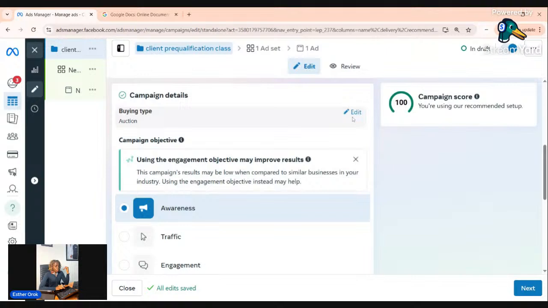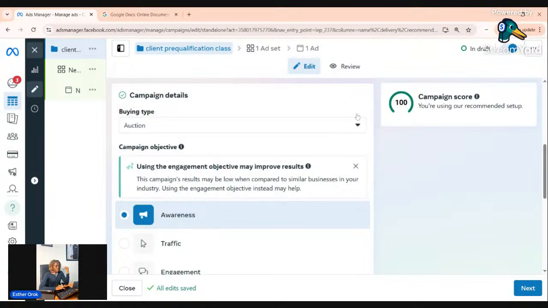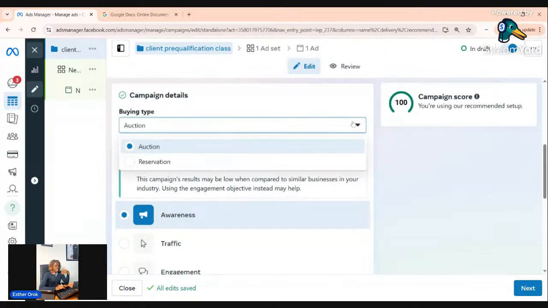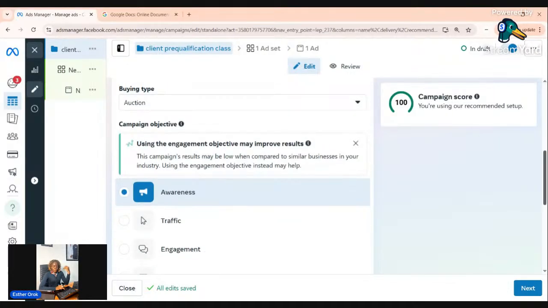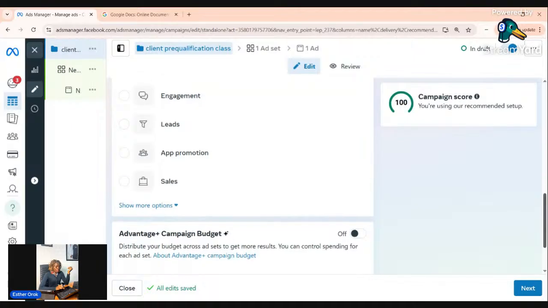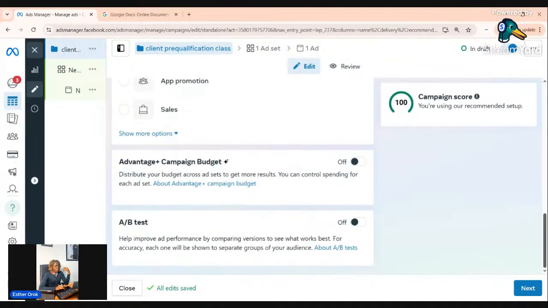So when you come down here, you see your buying type. There are two options usually available here. You click the drop down, you see auction and you see reservation. You just choose the option that is already there, which is the auction. And then when you come here, remember the last class I also said that recently Meta is trying to really simplify ads for the common man.